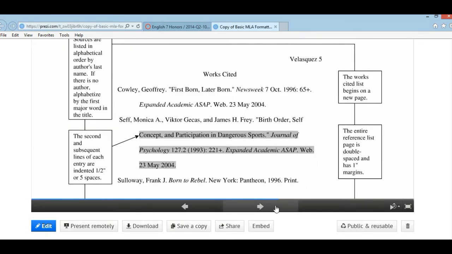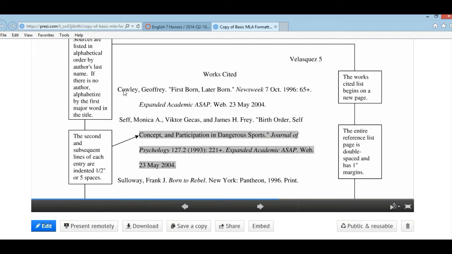For your works cited page, it would look like this. First, you would need to have your title. Notice the title is the same as before. No highlighting, underlining, boldface type. Notice also that the first line is not indented, and then the line following it is indented.